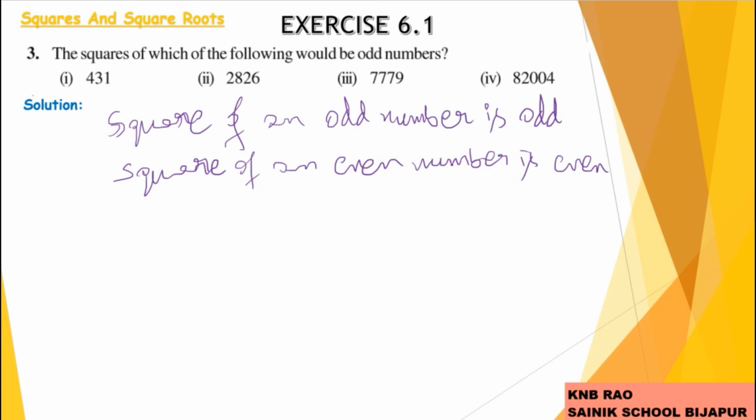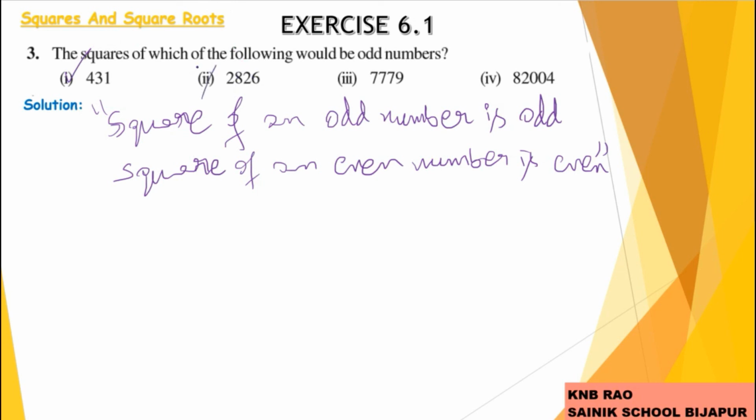So we use this knowledge in saying the square of whom is odd. Here 431 is odd, so definitely the square of 431 is supposed to be an odd number. 2826 is an even number, so its square is even.